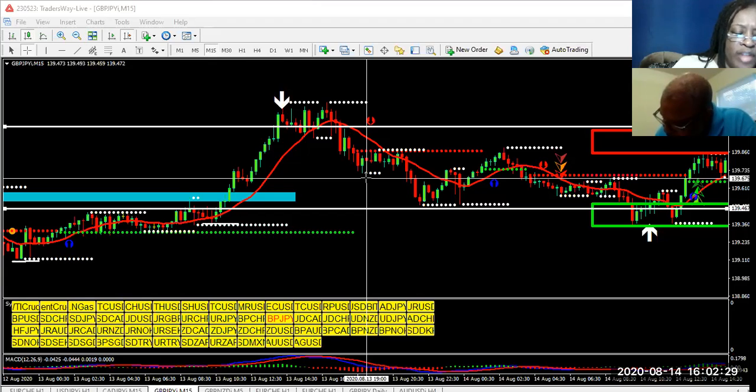Continuation is basically the same direction of the trend as well. Then, of course, correction is a pullback. Okay, did I get that right? When it pulls back to the moving average, or when it pulls back to the previous support or resistance. And how we measure that, of course, is structure on the left side of the chart.